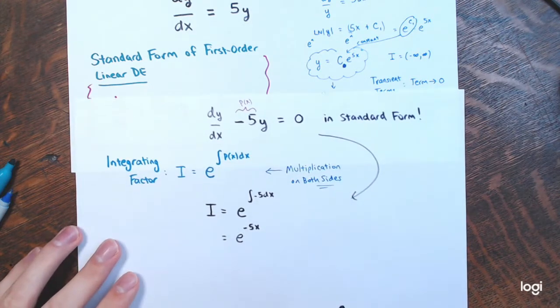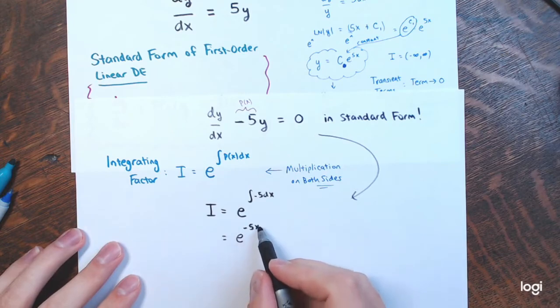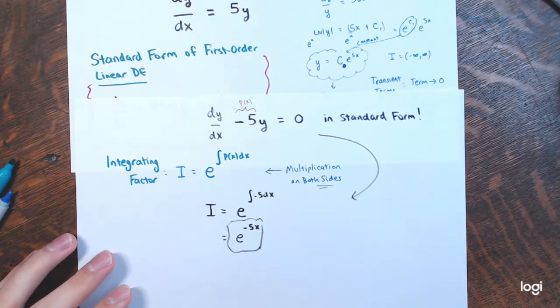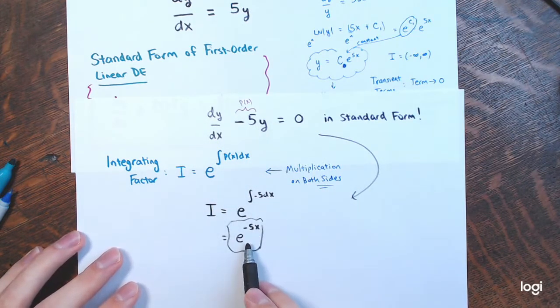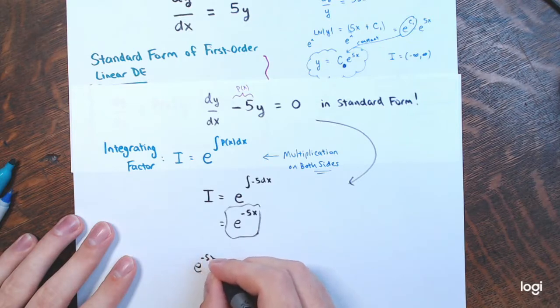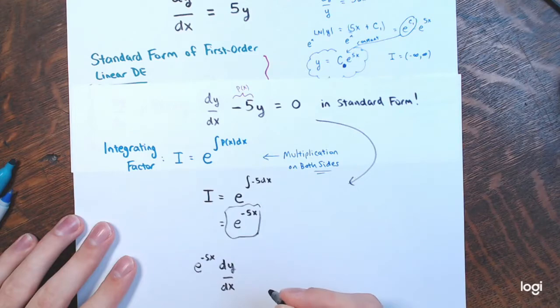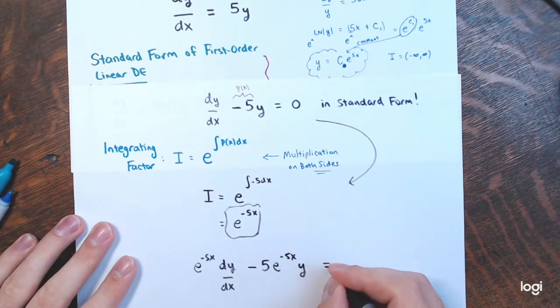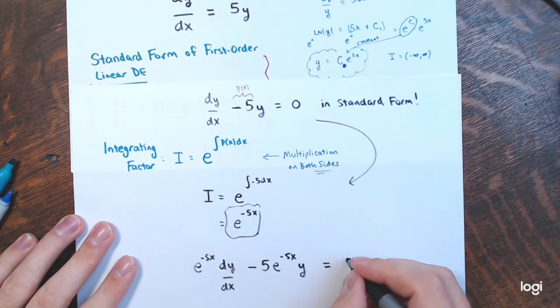Now what I'm going to do is multiply both sides of the equation in standard form by e to the -5x. So I've got e to the -5x times dy dx minus 5 times e to the -5x times y equals, and then 0 times anything is 0.